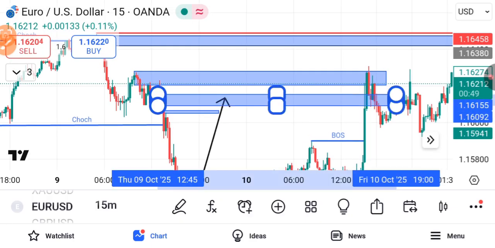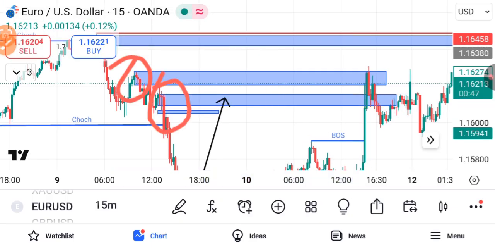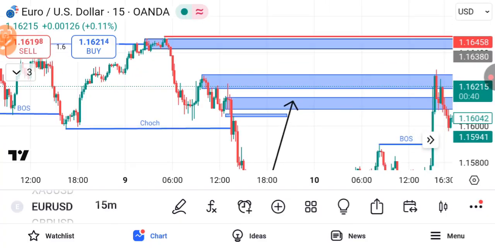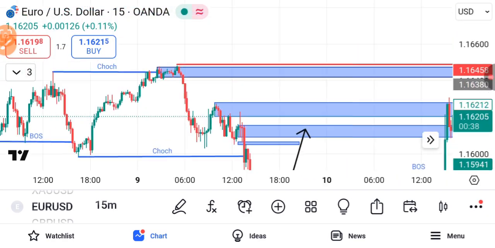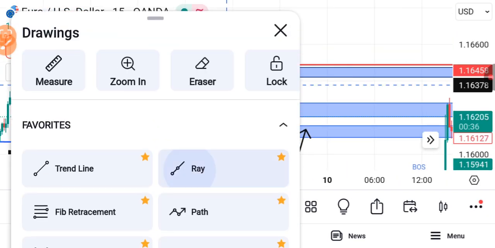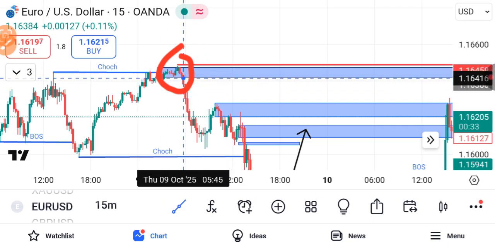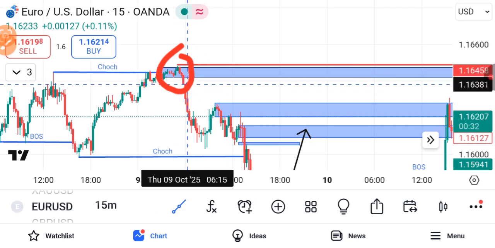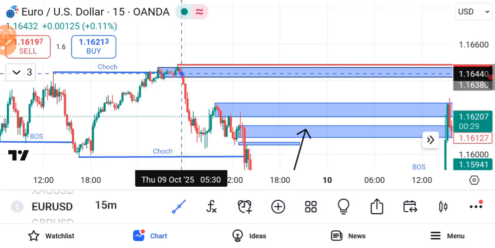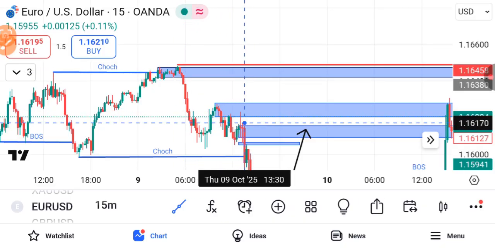Even though both of these were order blocks, nothing gave you a confirmation that this order block was going to hold, because number one, there is an order block at the premium area up there. There is an order block here, so we have more guarantee that this order block is going to hold than these two order blocks.